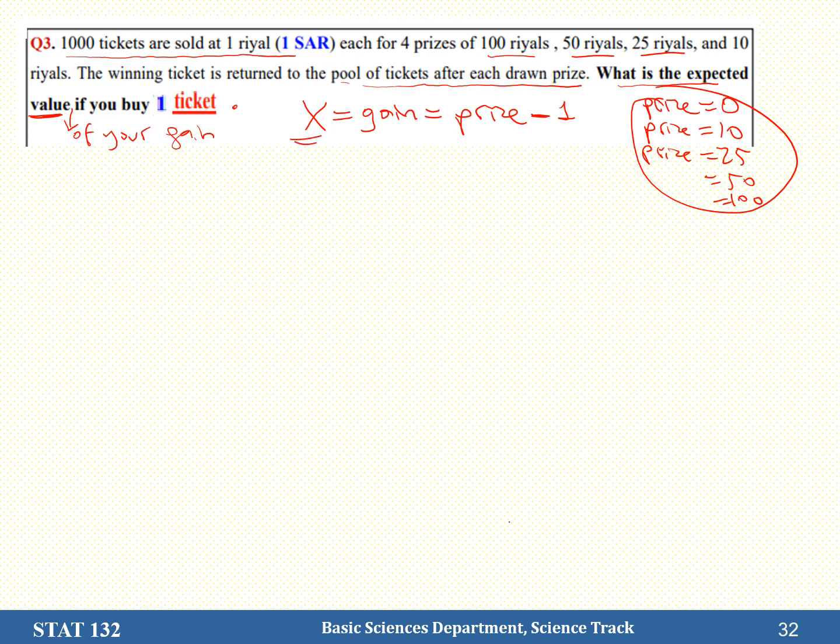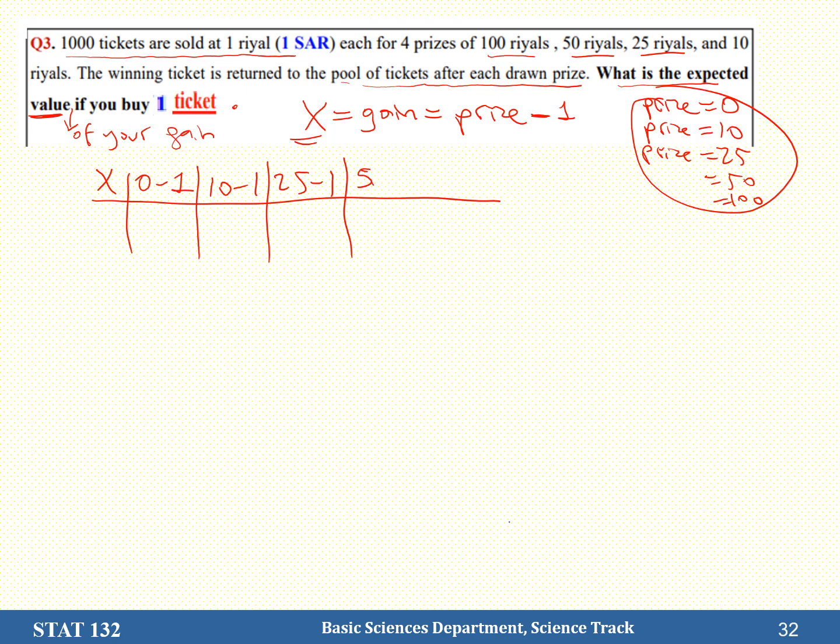Now I will put it here. So I will say this is x. You can get here 0 minus 1 and 10 minus 1 and 25 minus 1, and then 50 minus 1, and then 100 minus 1. So now we have to find the probability of x for each.